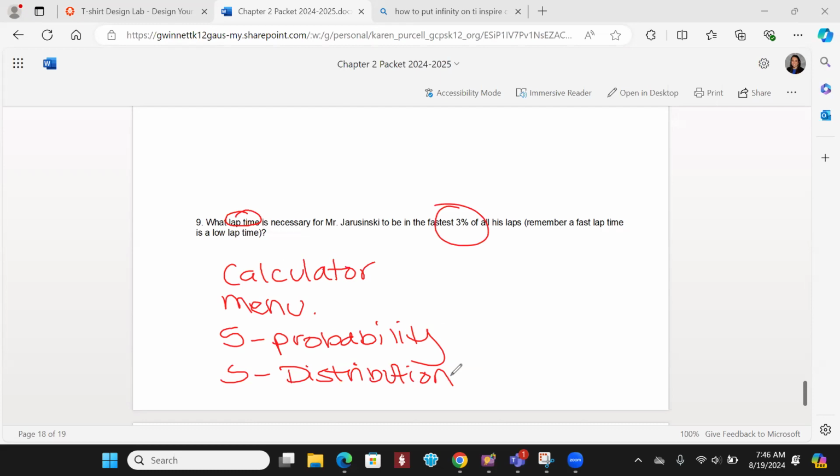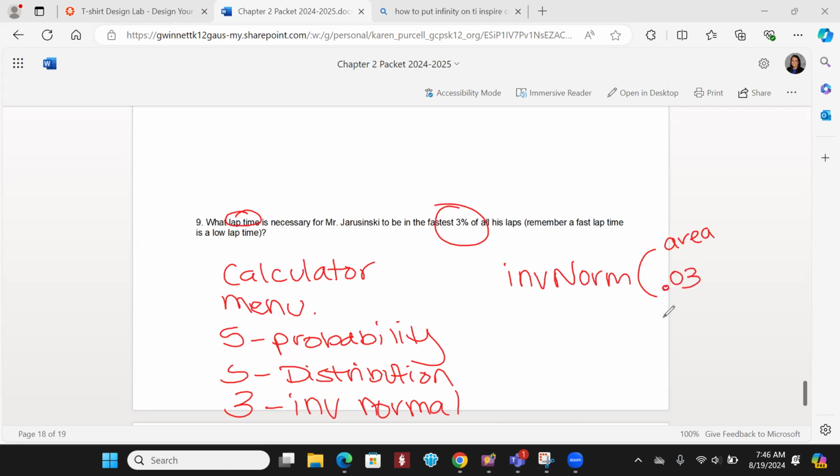Menu, 5, 5. And then you're going to hit 3, which is inverse normal. Now, when you do this, you're going to hit inverse norm. And you're going to type in the area. So we want the top 3%, right?